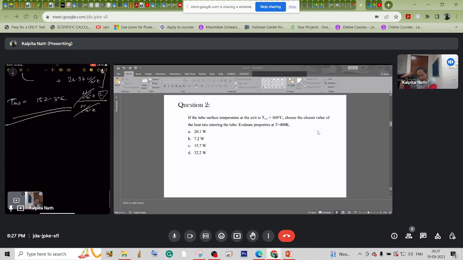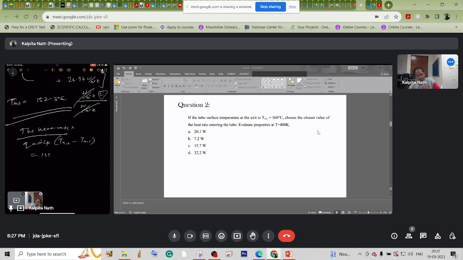Now we have to find the heat rate. The heat rate Q is equal to m dot Cp (Tm naught minus Tmi).